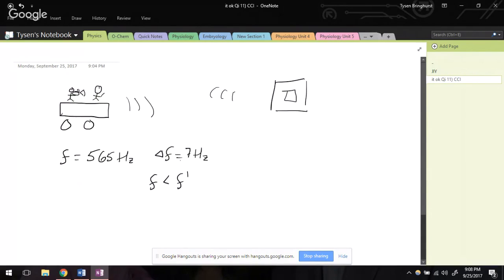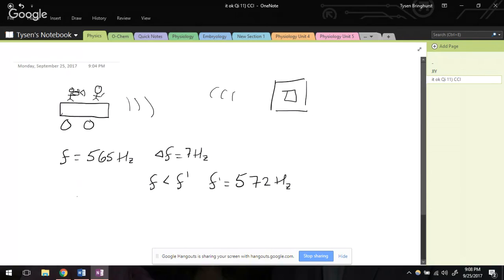Yeah. So in this case, he's going to be hearing a higher frequency, 572 hertz. So you take 565 plus the 7 hertz difference, and then what the conductor is hearing is 572 hertz.